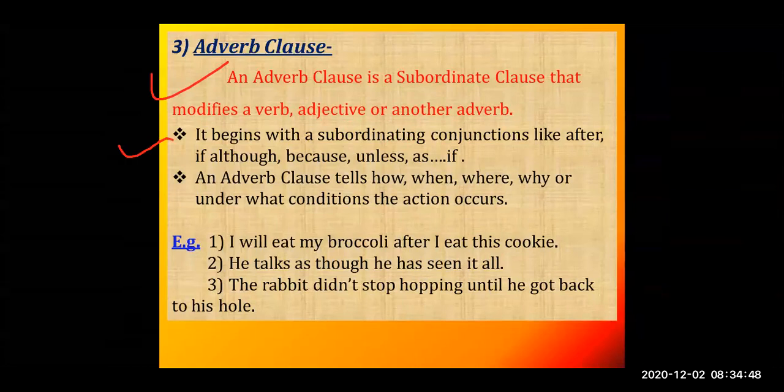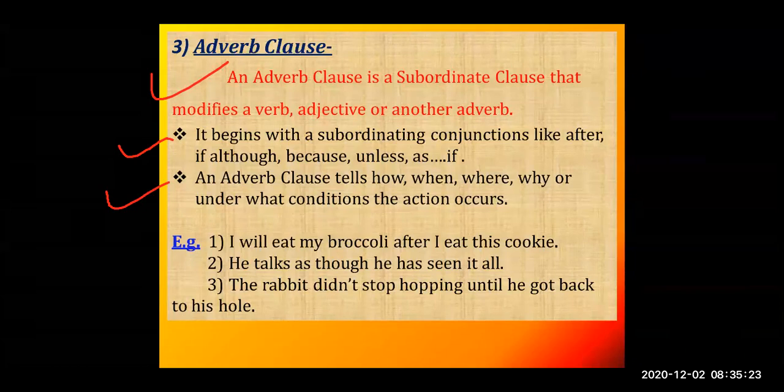It begins with subordinating conjunctions like after, if, although, because, unless, as if. Third, an adverb clause tells how, when, where, why, or under what condition the action occurs.